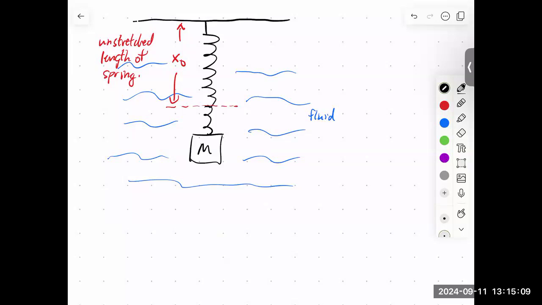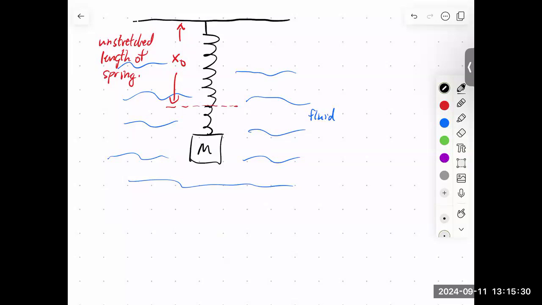Why? What's going to stop it from oscillating? The fluid, what about the fluid? Yeah, friction or drag force. So as the mass is moving through the fluid, it will experience a drag force that will always oppose its instantaneous velocity.